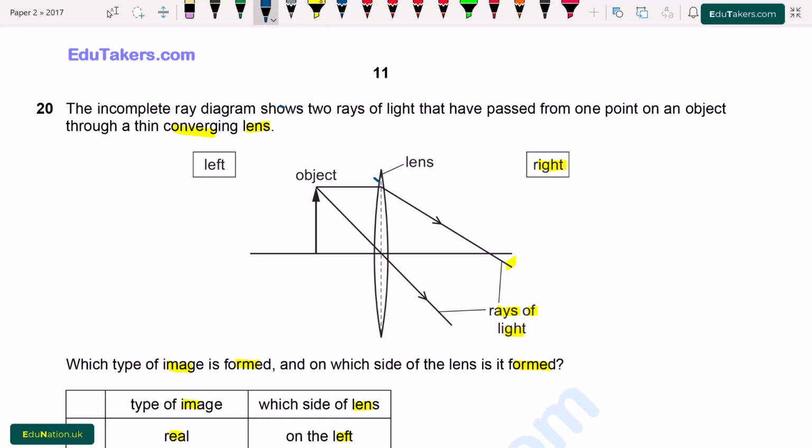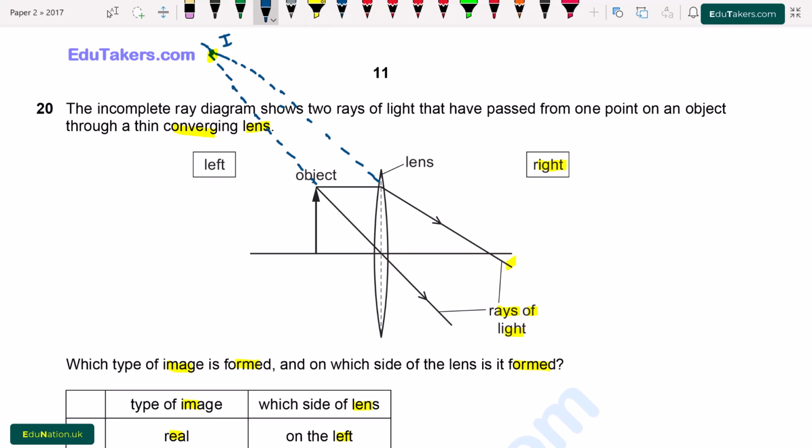I am going to extend them like that. At this point both rays meet. It means that at this point the image will be formed. It is the position of the image and it is formed on the left side of the converging lens.